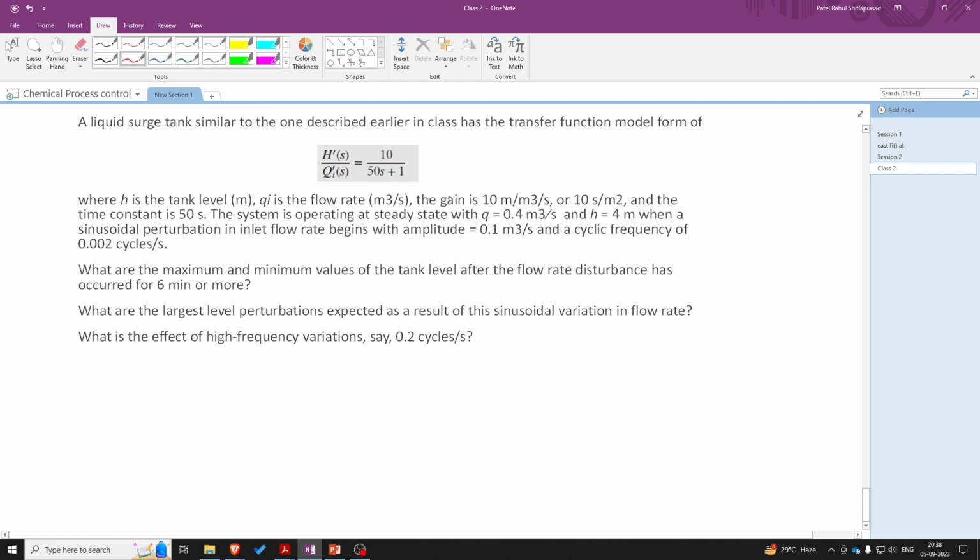The first thing we have been given is the gain, Kp is equal to 10. Then the time constant is 50 seconds. Then we have been given the steady state value of the flow rate and the height.